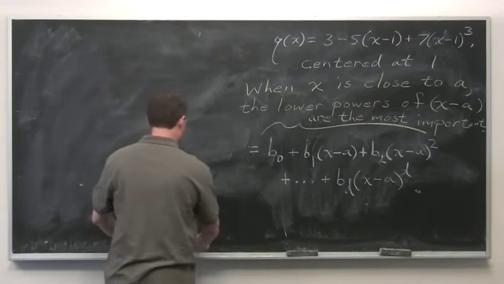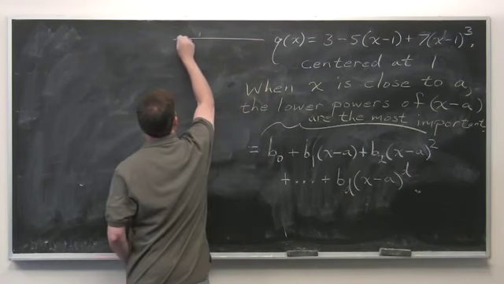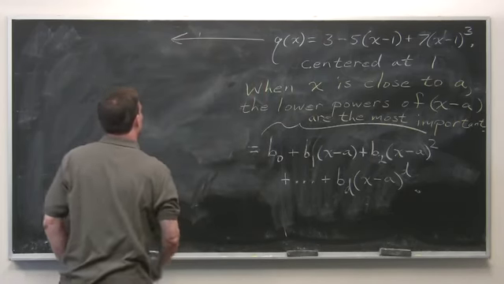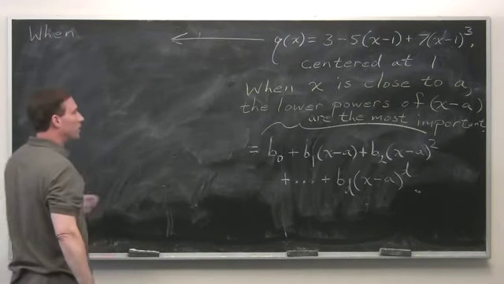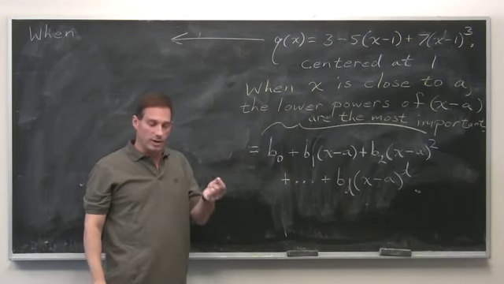So suppose we take this q of x. We want to approximate it when x is close to 1 now, not 0.